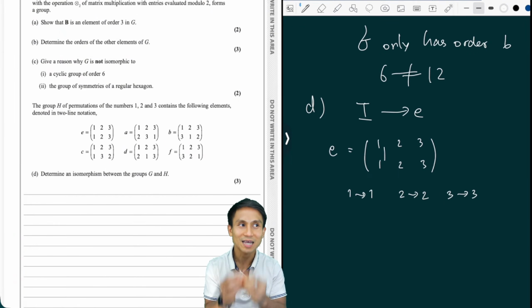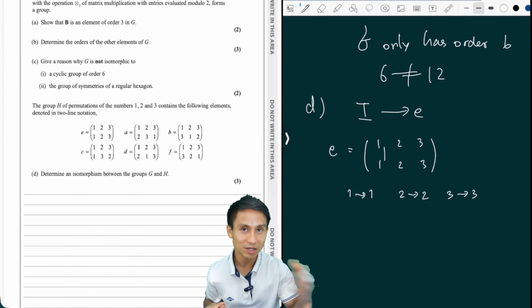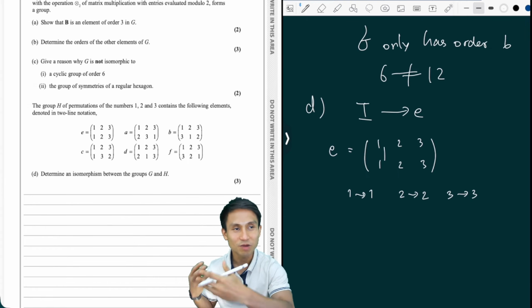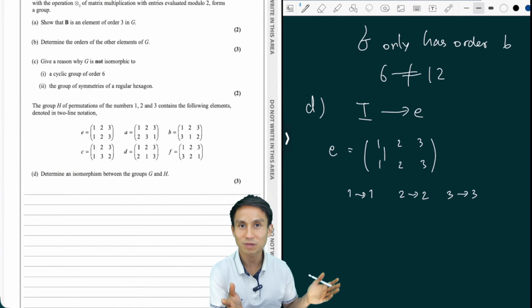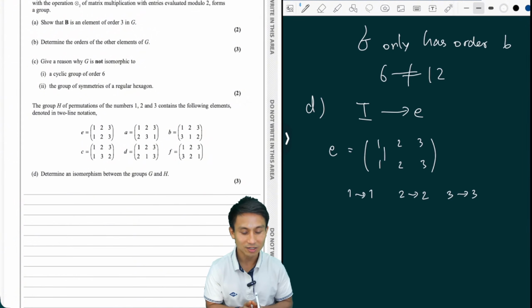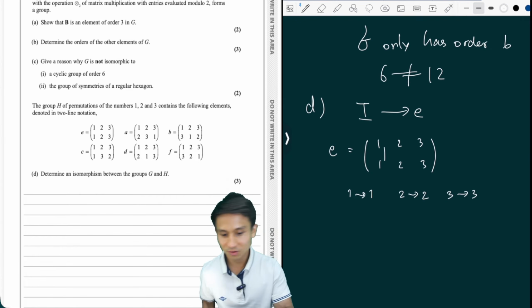This is exactly the same behavior as the identity matrix, because when you have the identity matrix, whatever matrix you multiply with it is going to give you that same matrix. It's the same thing in this 2-line permutation: 1 brings back to 1, 2 brings back to 2, 3 brings back to 3. That's why we map I to E. All right, so that's fine.